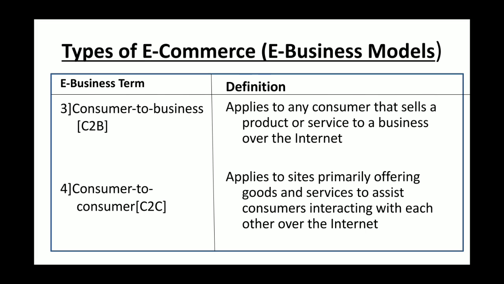We'll discuss these categories in detail. These are the main definitions for the types of e-commerce: business to business, business to consumer, B2C, consumer to business, C2B, and consumer to consumer, C2C.